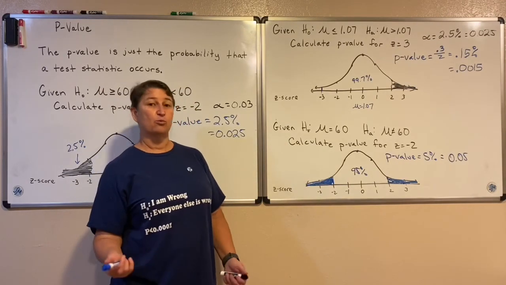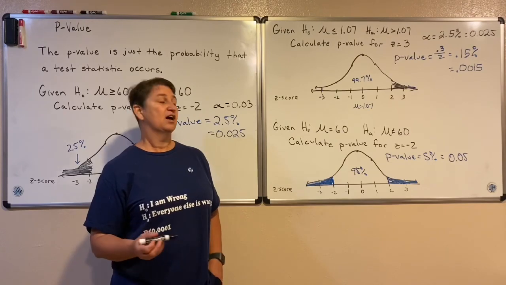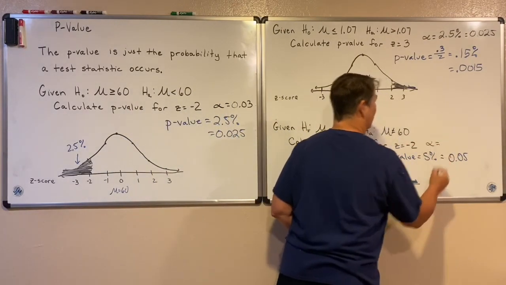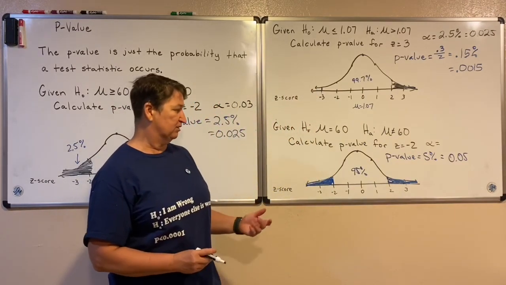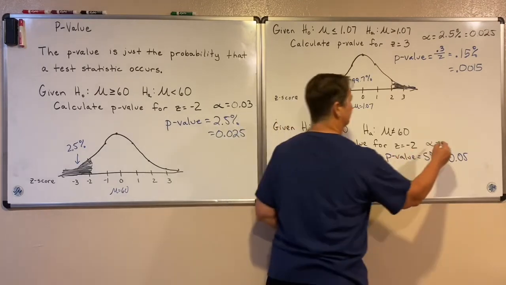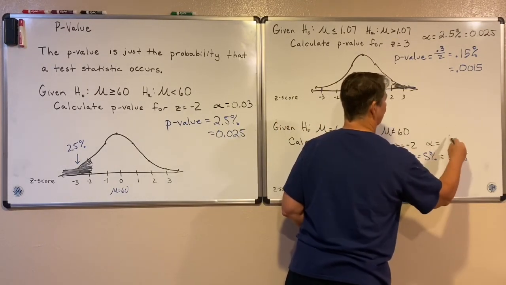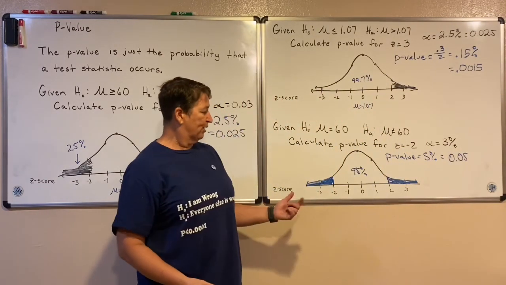So then the question is, is that test statistic far enough out there? It depends on what my level of significance is. So that level of significance combined with the p-value lets us know whether or not to reject. So if my level of significance was something like, let's do 3%.